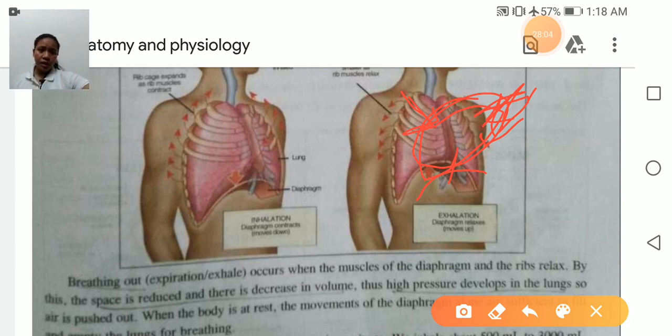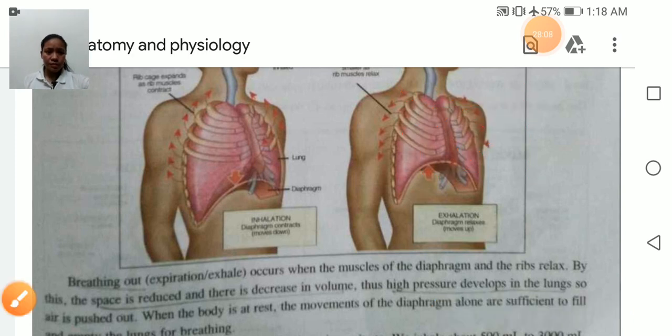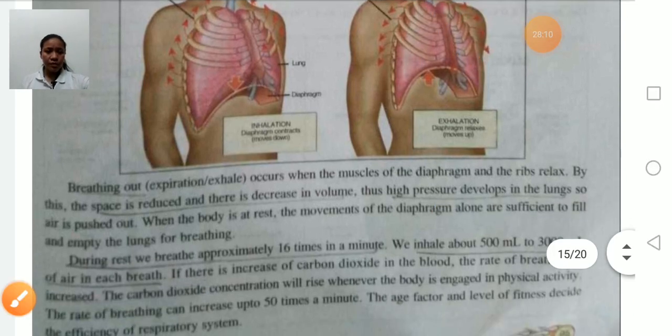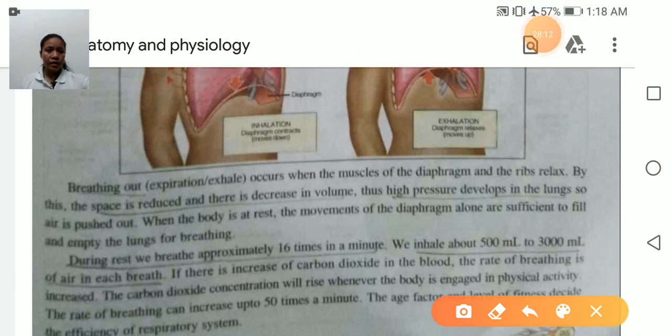Due to the pressure in the lungs, the air is breathed out. Look here: high pressure is developed in the lungs, therefore the air is pushed out.